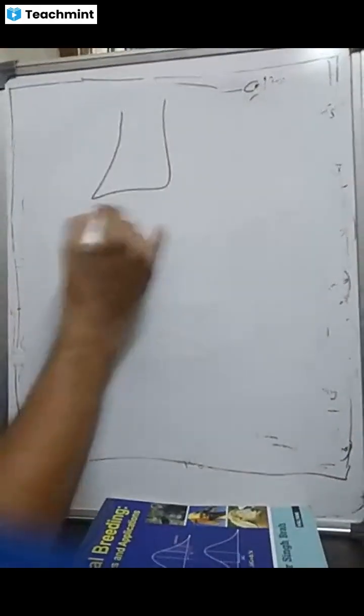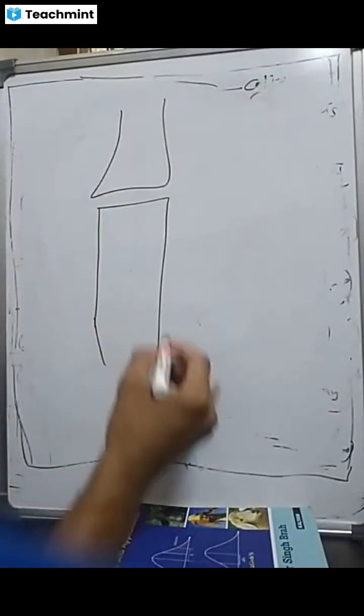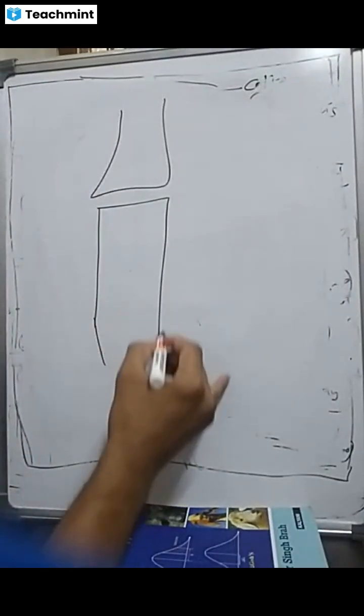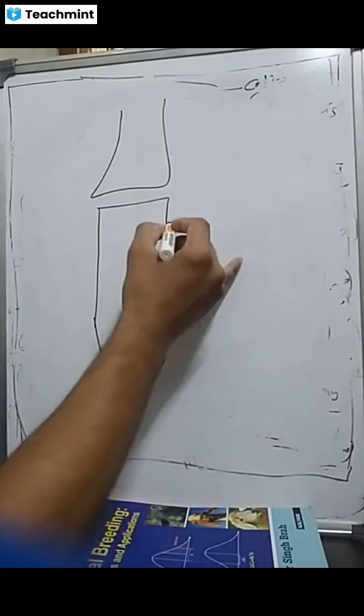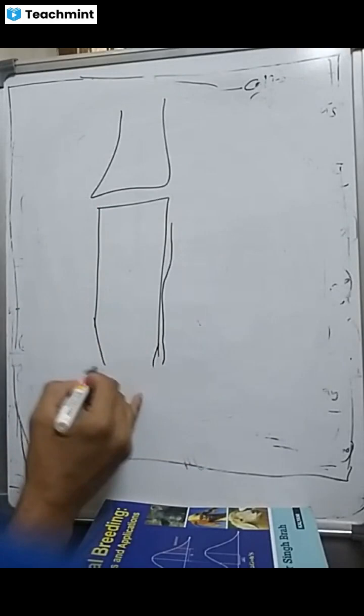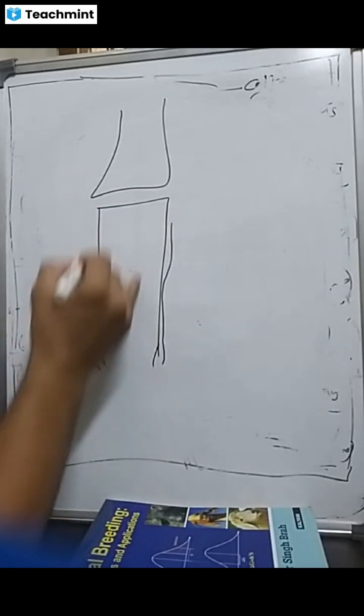But this periosteum is not present everywhere. Suppose this is a joint. This periosteum is present up to this point, it will go like this.